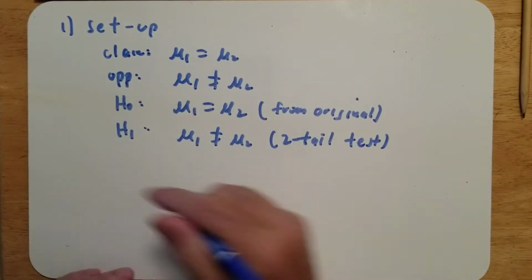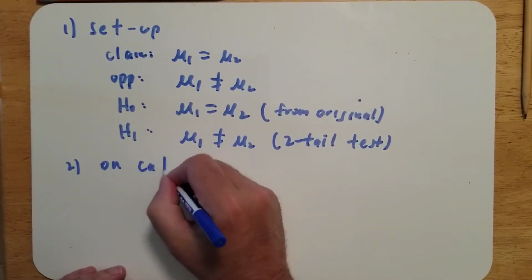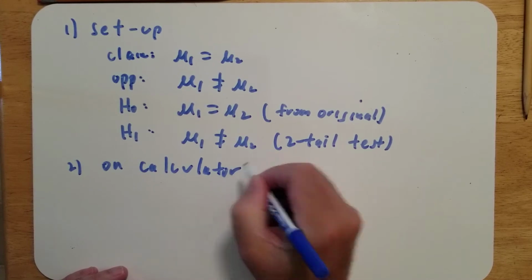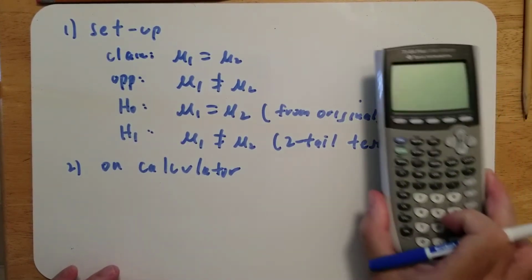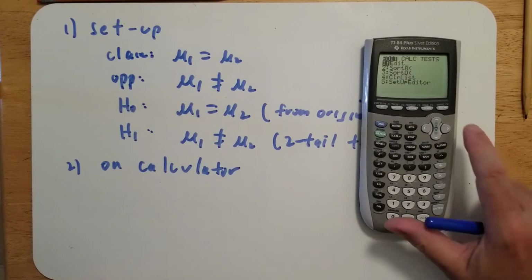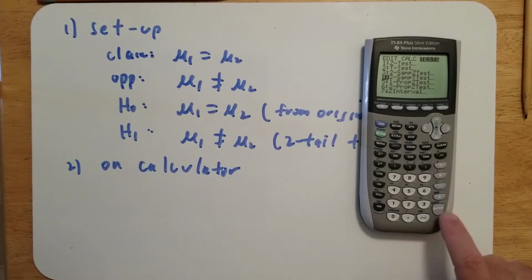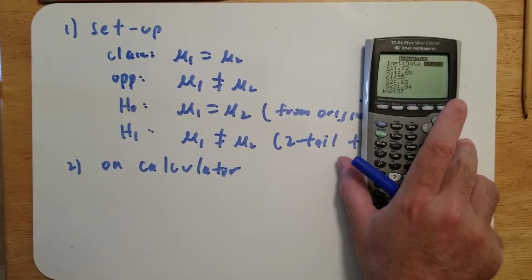On the calculator, which is the second part of this, I'm going to turn it on, and I'm going to go to stat, tests, 2-SampTTest. Okay, so I'm going to write that down.